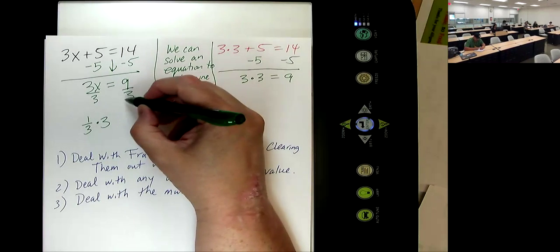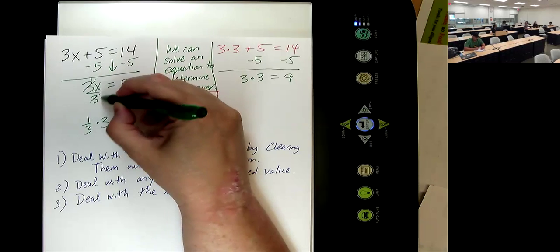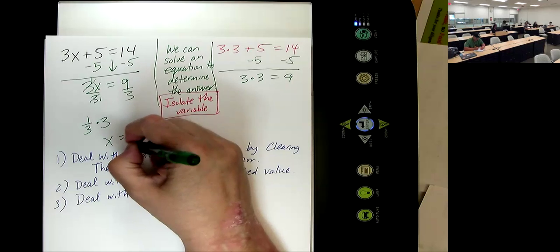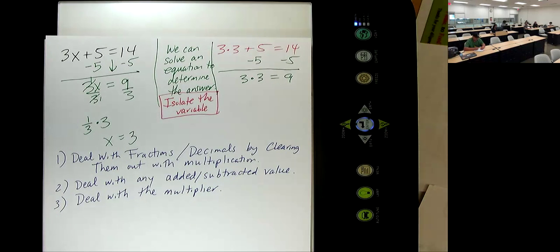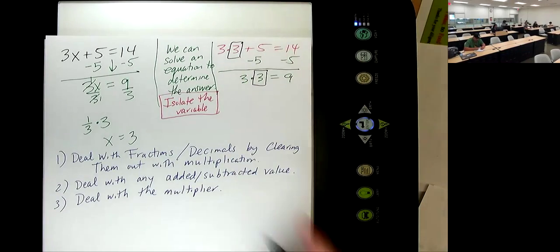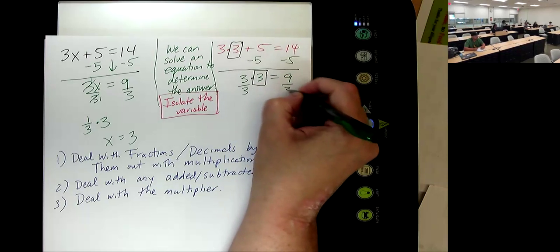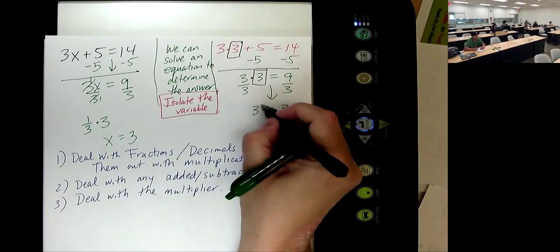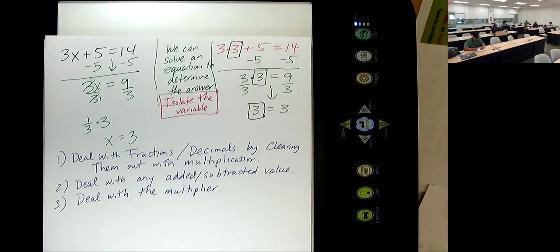If I do that, the 3's cancel and I'm left with x equals 9 divided by 3 is 3. And this is where my x was the whole way. Do the same process over here, I still get 3 equals 3, but now the balance is maintained the whole way, that's the key. So if you don't do the same thing to both sides, it's not gonna work, it's gonna be the wrong answer.